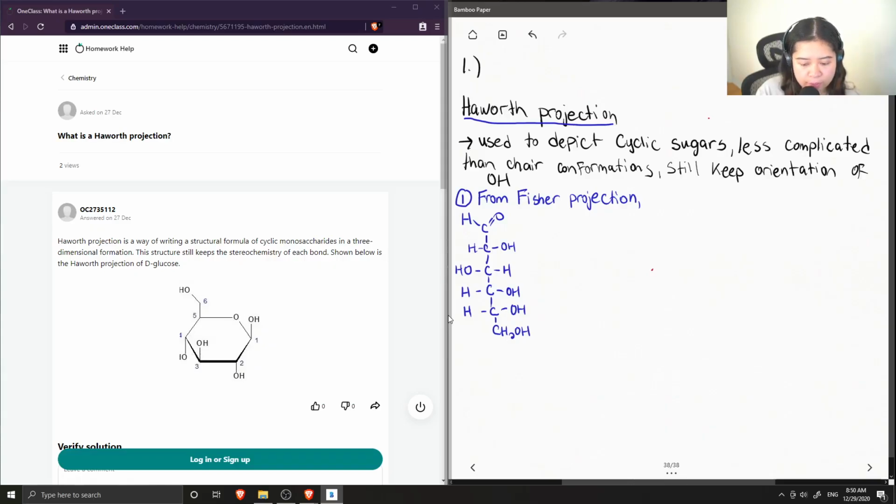And for the first part, we want to rotate the bonds around carbon 5 clockwise.